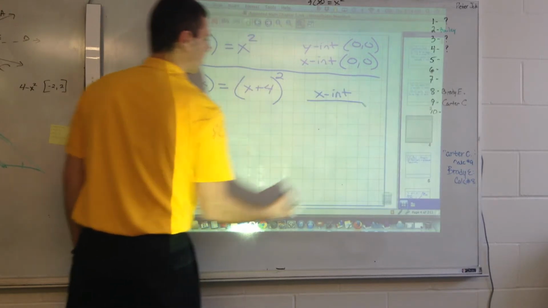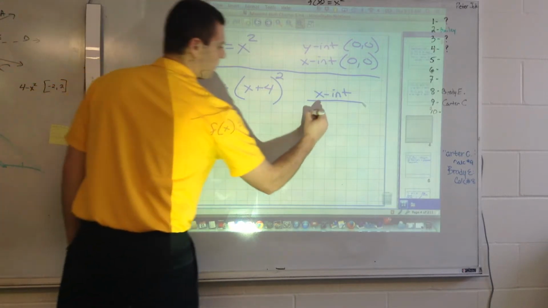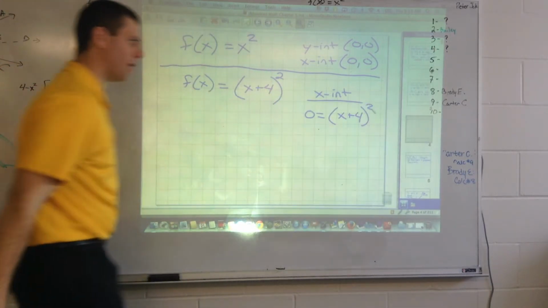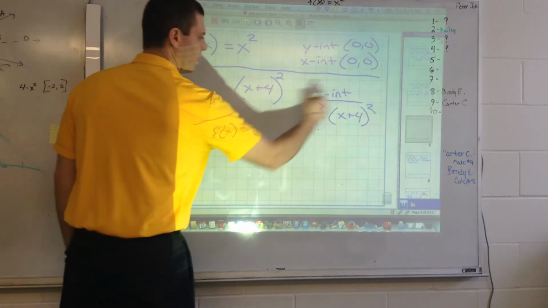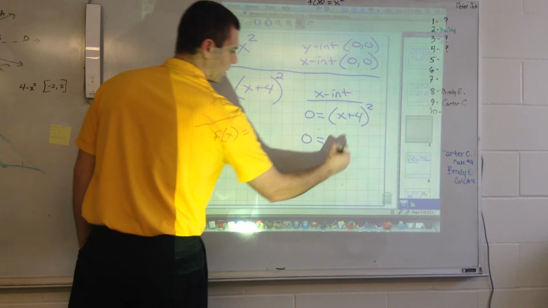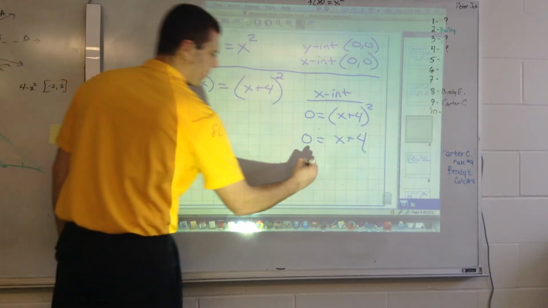The x-intercept can be found by putting a 0 in for y. So I'd have 0 equals x plus 4 squared. Square root both sides. The square root of 0 is still 0. The square root of something squared is just that something, so x plus 4. Subtract 4.